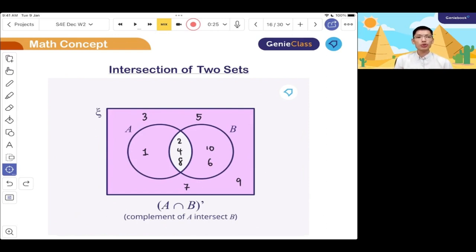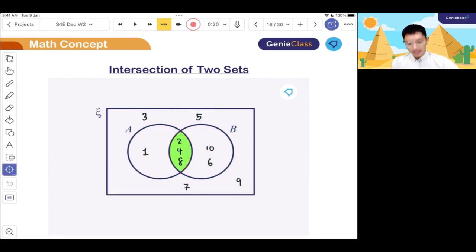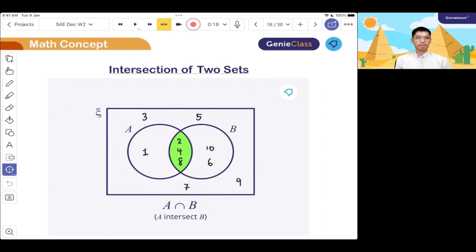In this case, 1, 3, 5, 6, 7, 9, 10. So we can have the complement, or we can also have just the intersection itself, which is 2, 4, 8, the common elements between two sets. This is what we know as the intersection, which we classify in such a manner. All right, I hope everybody got this down first before I carry on.